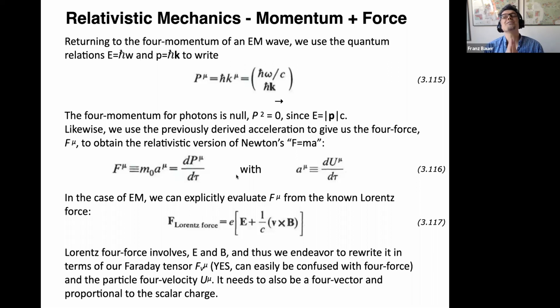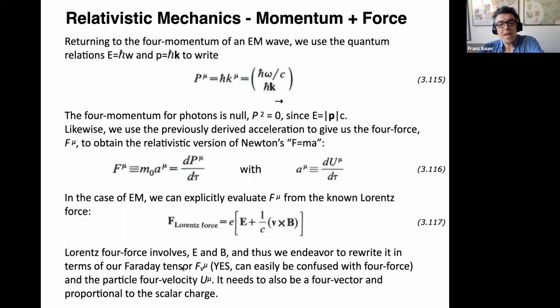And so it ends up being super confusing to see the 4-force and the Faraday tensor. The nomenclature is not ideal at all, and so you have to be very careful about what is what. The book does an okay job of it, but there are times when it gets confusing and they don't necessarily make it super clear.